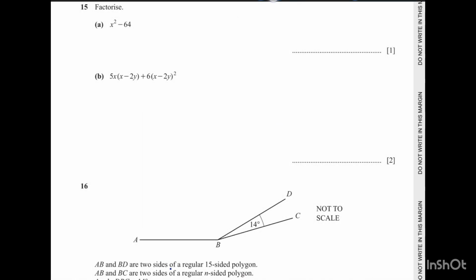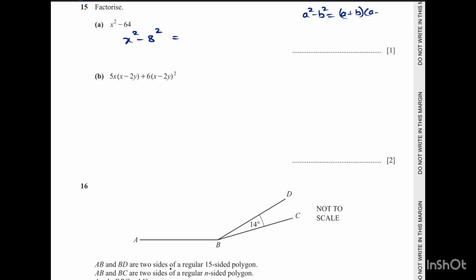Question number 15. Factorize question A, x square minus 64. Whenever you see such an expression, you can write the second term also in the form of a square number. So 8 square will be 64. So the a square minus b square identity we can use here, where a plus b into a minus b will be the factors.